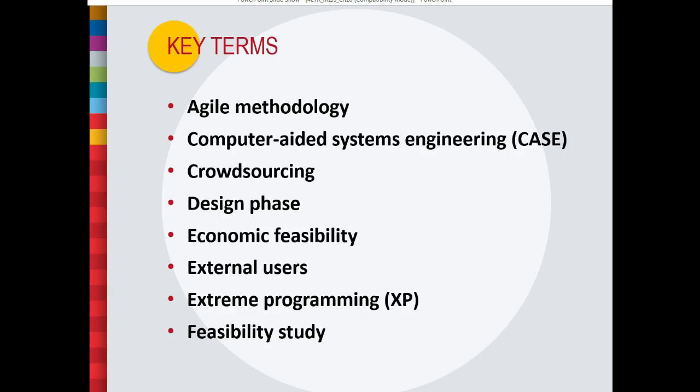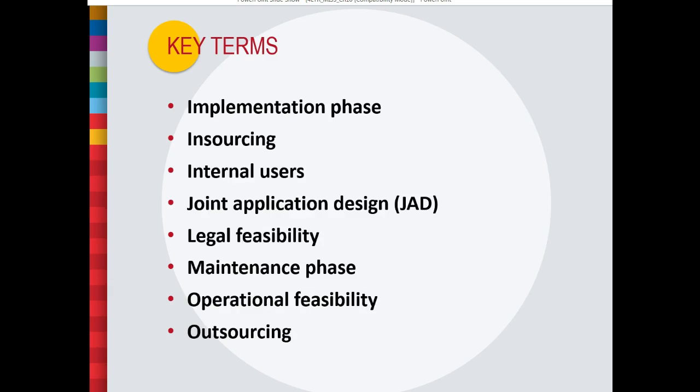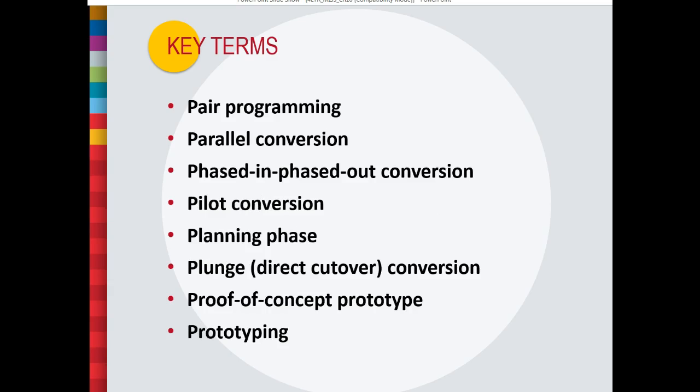So that's it for this section. I think we have covered everything in the system implementation part. Some of the key terminologies that we have looked at are agile methodologies, computer-aided system engineering, crowdsourcing, design phase, different types of feasibility, economic feasibility. Also, we talked about external users, extreme programming, feasibility studies, implementation phase, insourcing, outsourcing, internal users, joint application design, legal feasibility, maintenance phase, operational feasibility.